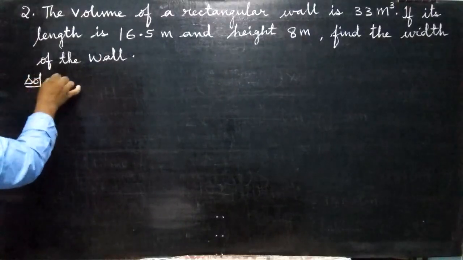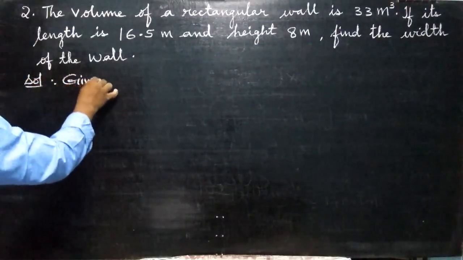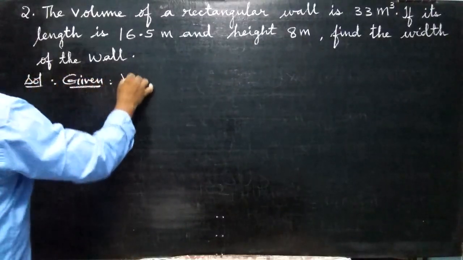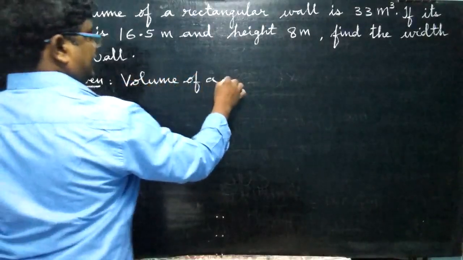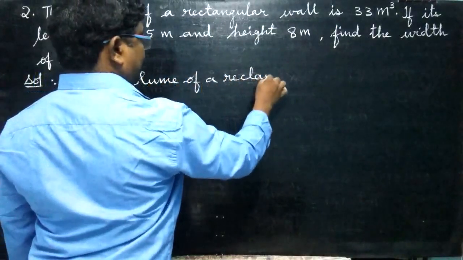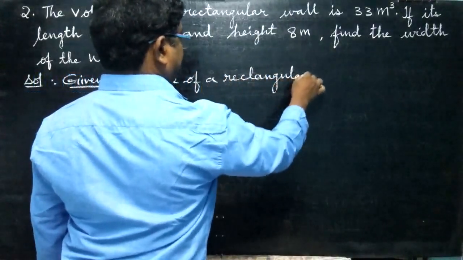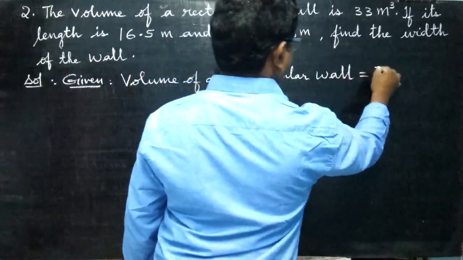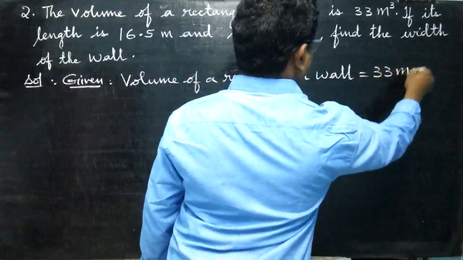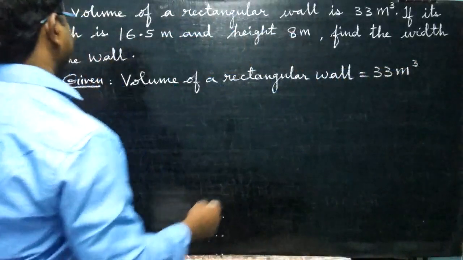Solution. Given: what they have given? Volume of the rectangular wall is 33 meter cube. Next they have given length.